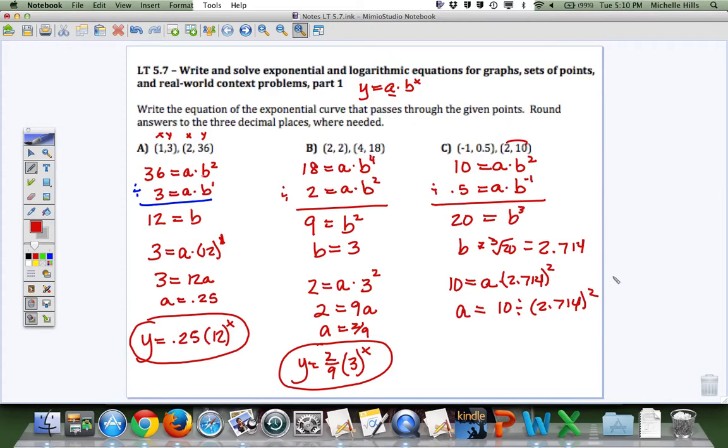Plug that into your calculator all at once. So 10 divided by 2.714 squared equals, to 3 decimal places, 1.358. So y equals a, which is 1.358, times b, which is 2.714, to the x power.